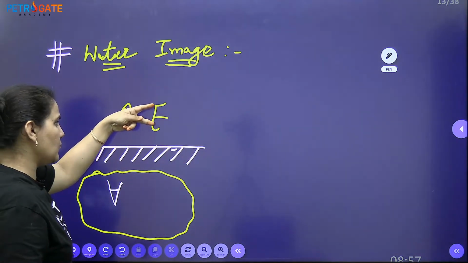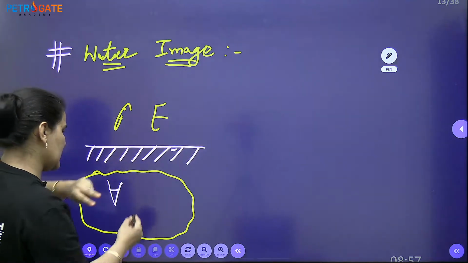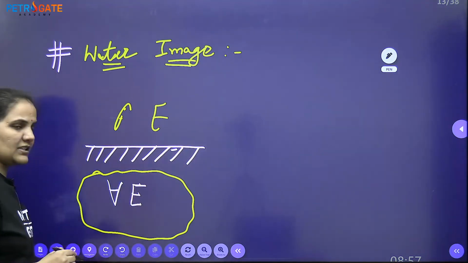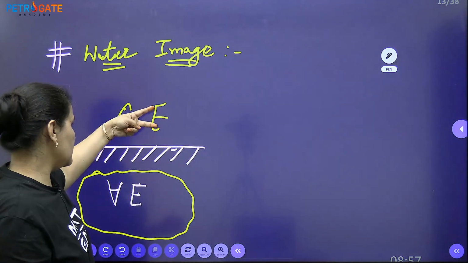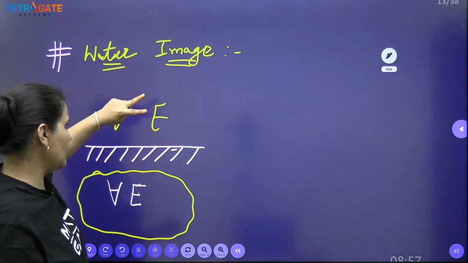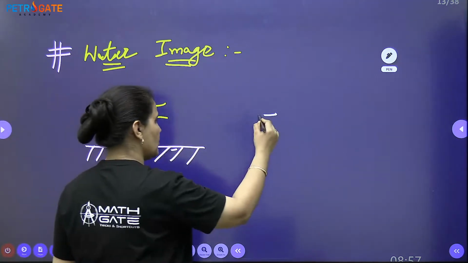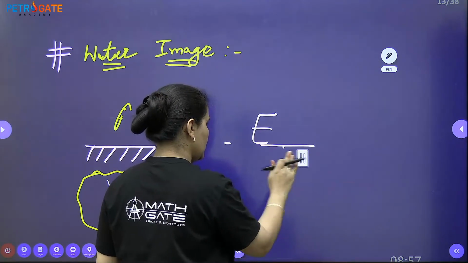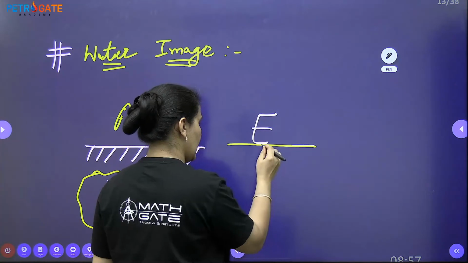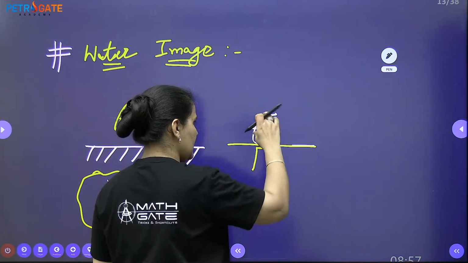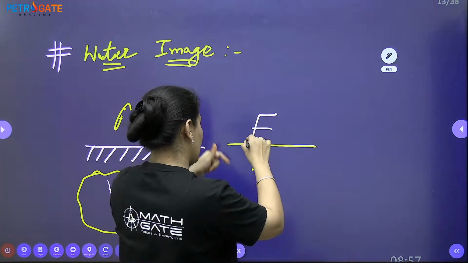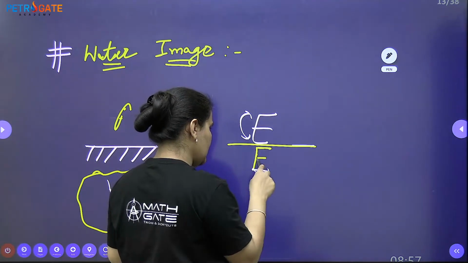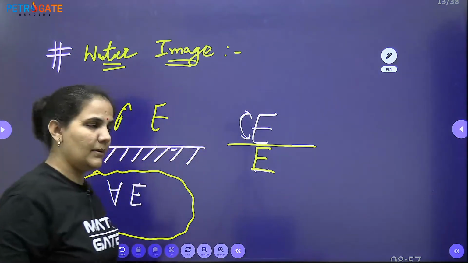When I flip this one, it will be the same. Let me show you here with this image E only. When I flip it, I rotate this one, it will be like this, and here I will get the same thing. So that's why it will become the same.